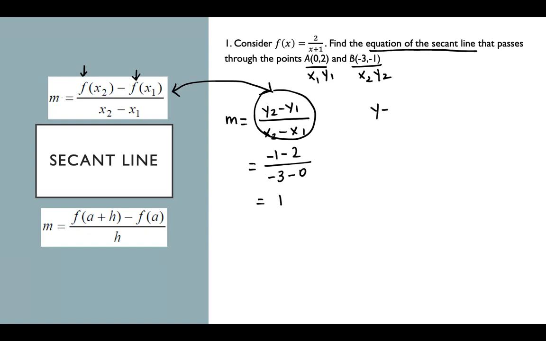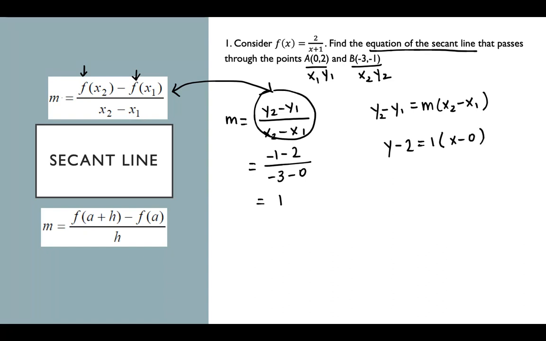So y2 minus y1 over x2 minus x1. You can use this or the y-intercept form. So y minus 2 equals 1 times x minus 0.